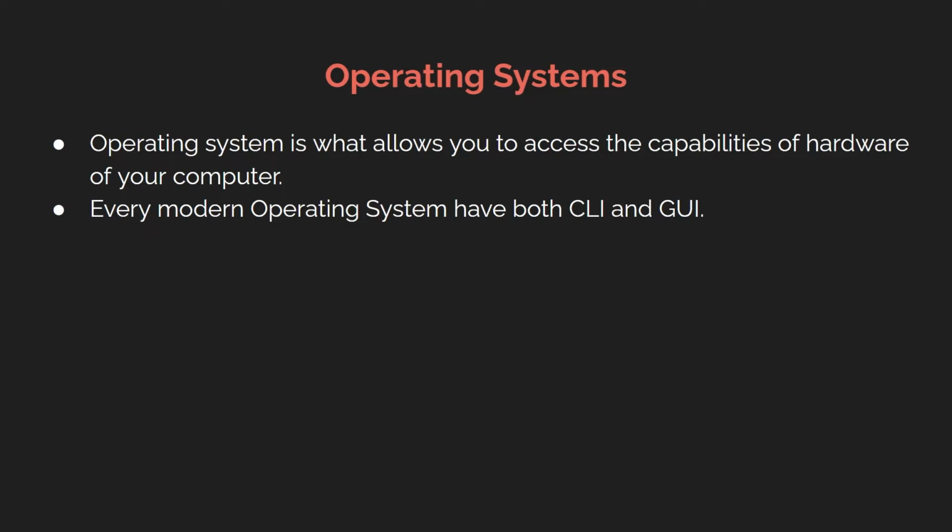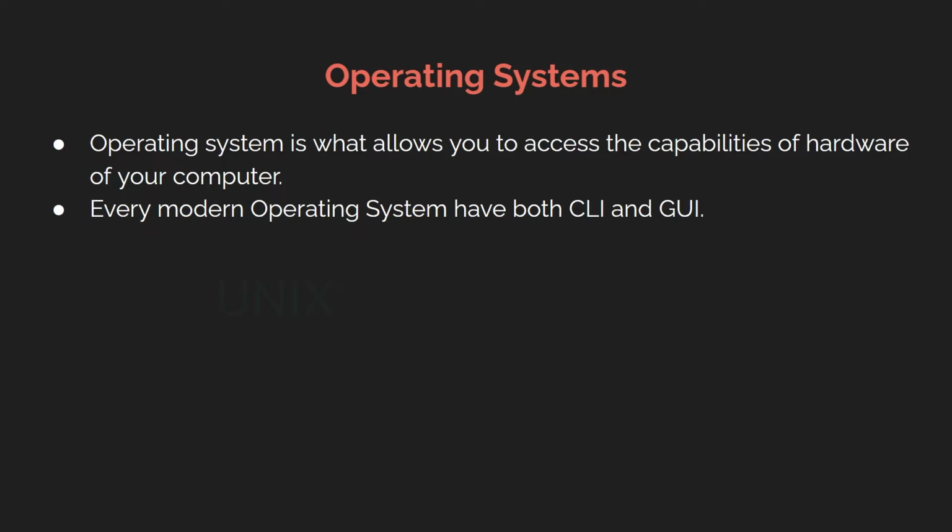You can't watch this video without an operating system. So it allows you to access the hardware capabilities of your computer. And every modern operating system has both a CLI and a GUI. So for example, Windows has a GUI which we all have used. Mac also has a GUI which we have used, but they also have a CLI. Both of these operating systems have a CLI.